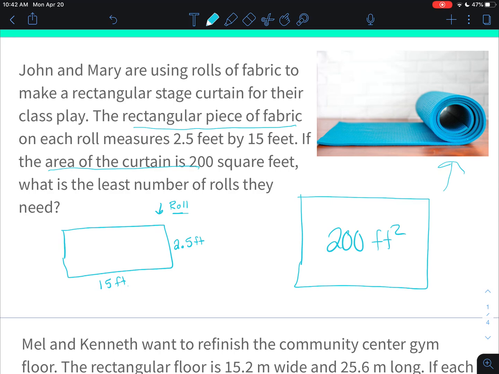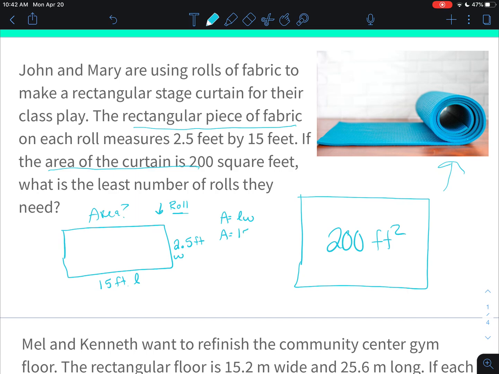First thing I need to do is find the area of a roll of fabric, because I need to know how many of those will fit to make the entire curtain. So, area of a rectangle. Check your formula sheet just to make sure, but it should be area is length times width. So the length is going to be 15 feet and the width is 2.5 feet.